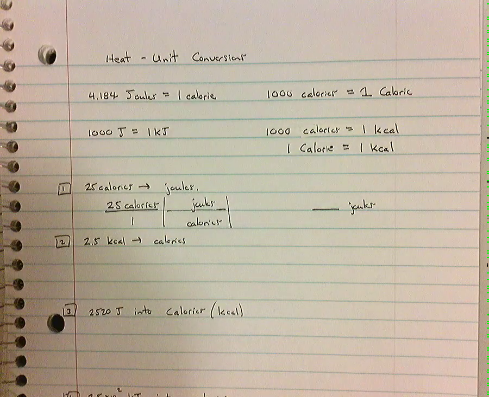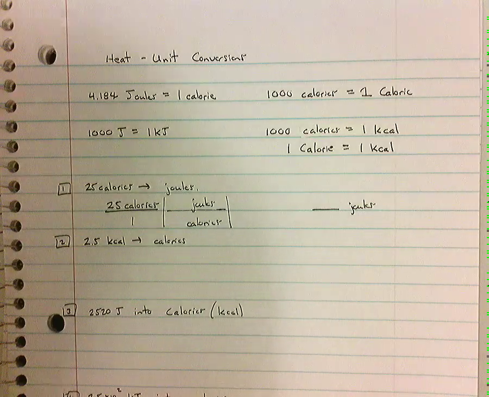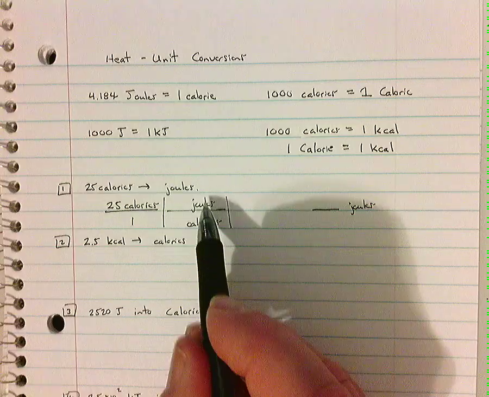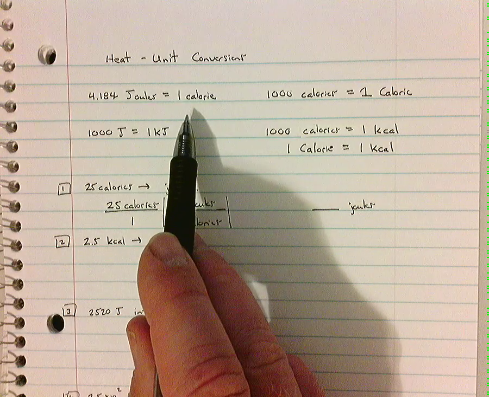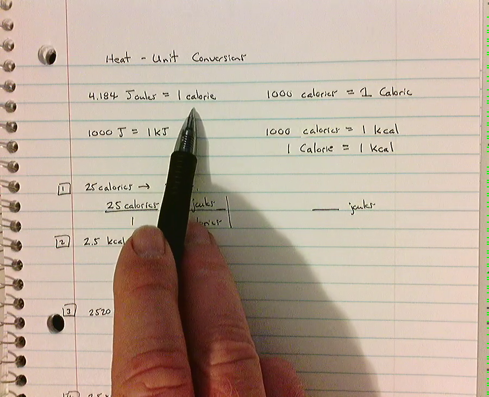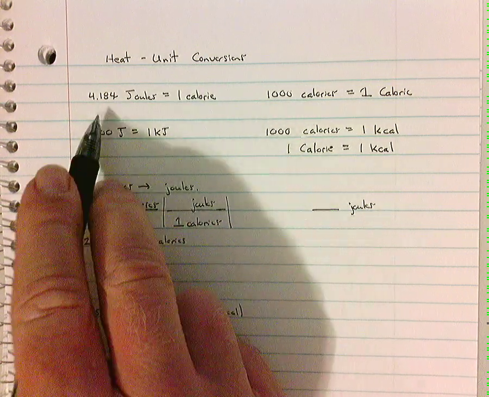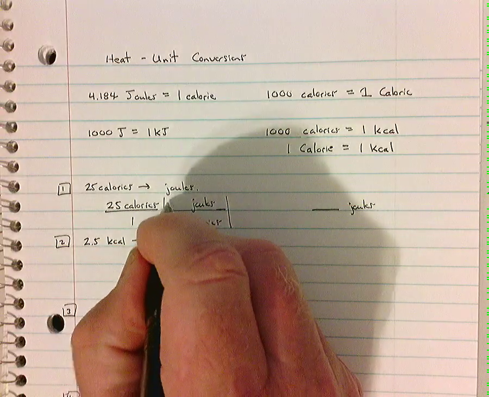And like we've done in the past, we wait until this point to write our numbers in. So again, every conversion factor comes from an equality. So in this case, 1 lowercase c calorie is equivalent to 4.184 joules.